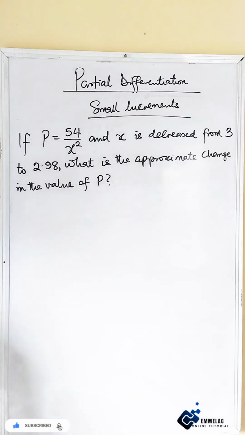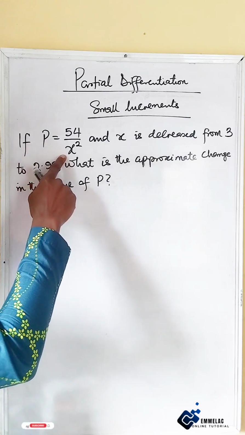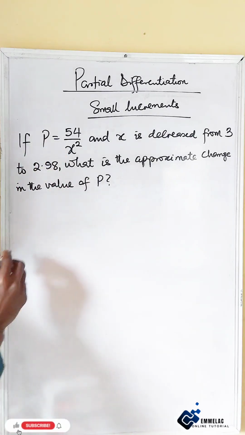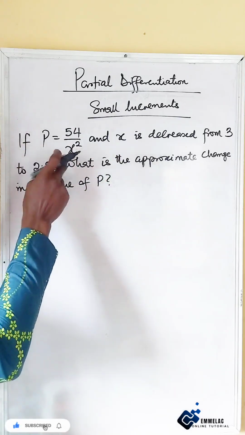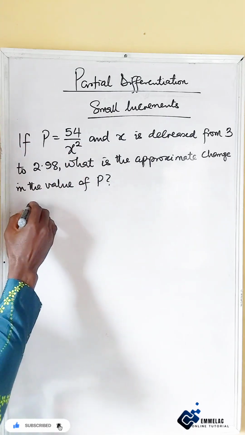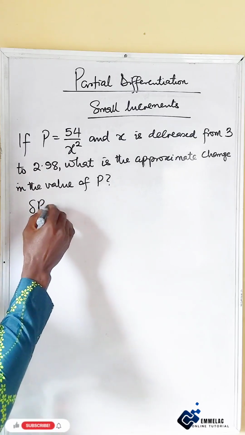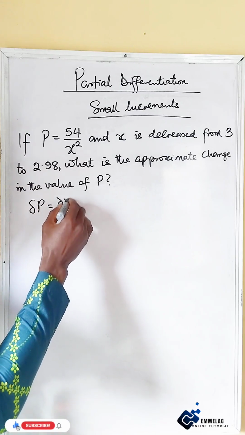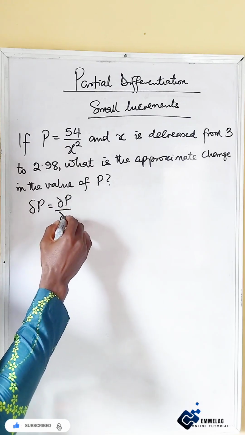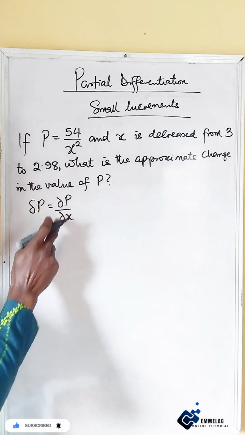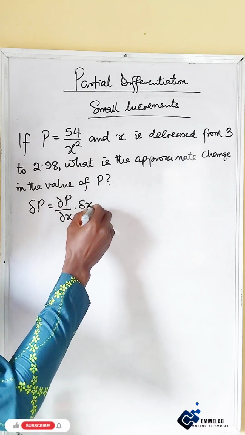All right, now since there is a relationship between p and x, according to the formula for small increase that pertains to two variables, here we have this is the small increase in p, which will be the partial derivative of p with respect to x times the small increase in x.